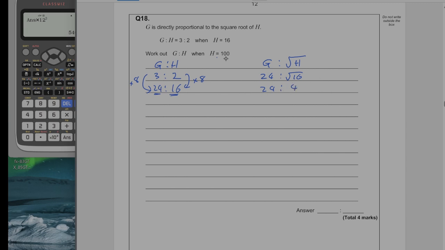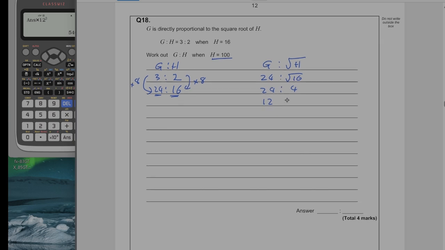So if I want to build that up to the square root of 100, which is 10, I'm going to say that that's the same as the ratio 12 to 2, and then times it by 5. So it's going to be 60, times by 5, times by 5. So we've got the ratio of 60 to 10, the square root of 100. So that's our values for G and h then. So h is 100.